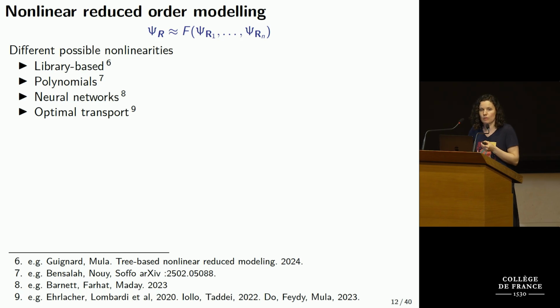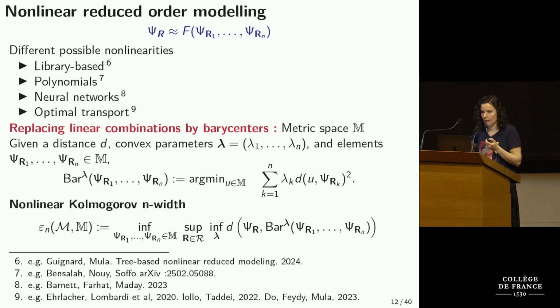We have seen over the past talks many different possibilities. I will add one to the list, which is to replace these linear combinations by barycenters. The idea is to place ourselves in a metric space M, and in this metric space, we consider a distance d. Then we define the barycenters between n snapshots as the argmin of this cost function, the sum of lambda k times the distance between u and psi rk, squared.